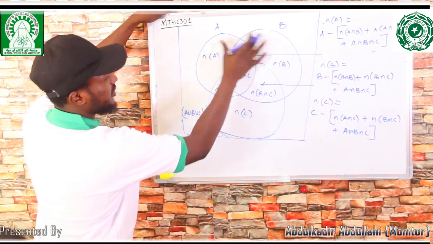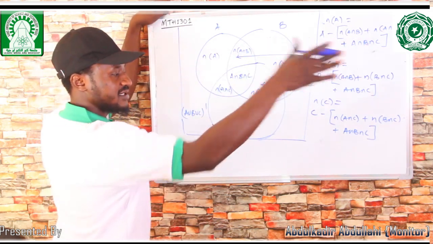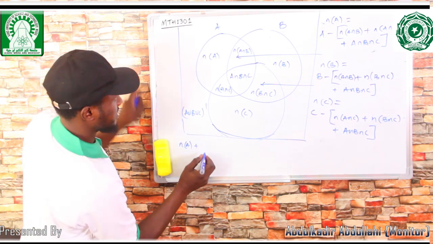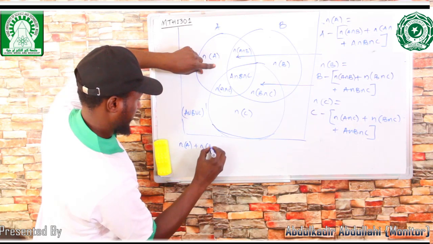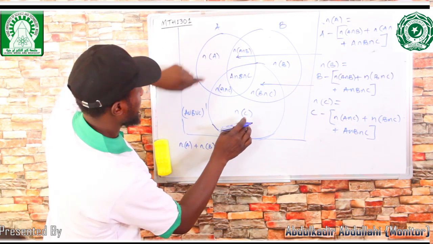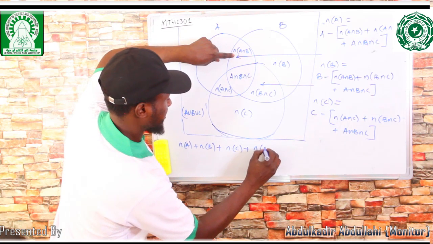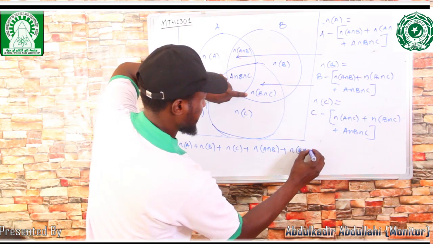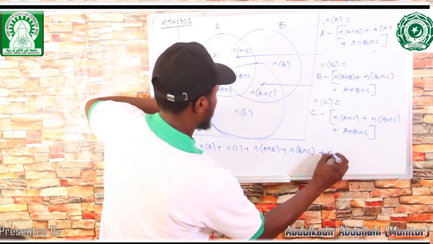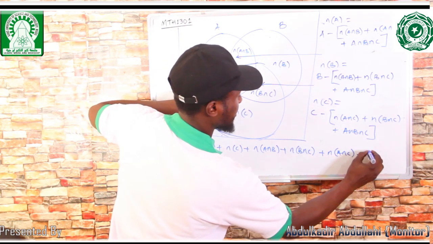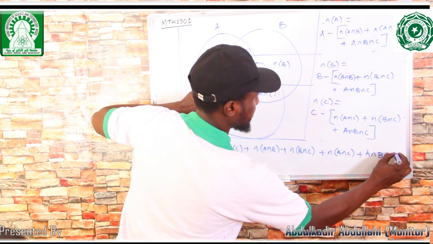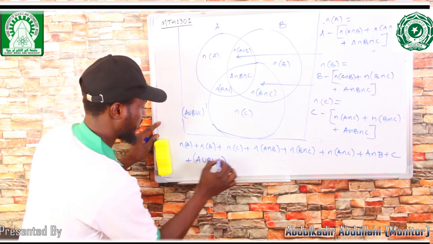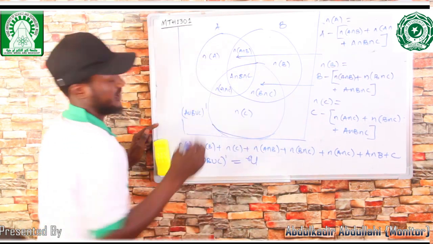The summation of everything here is equal to the universal set. That is, the number of A only plus the number of B only plus the number of C only, plus the number of A intersection B only plus the number of B intersection C only plus the number of A intersection C only, plus the whole intersection A intersection B intersection C, plus (A union B union C) complement, is all equal to the universal set.